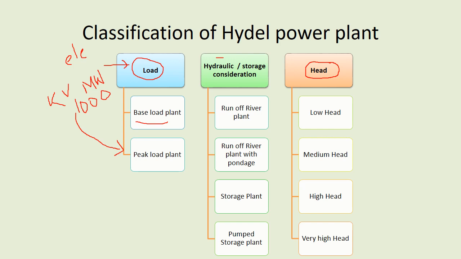So the peak load time is generally of short duration. The hydropower plant is decided on the basis of base load and peak load. The base load is for long duration, and the peak load is for short duration.